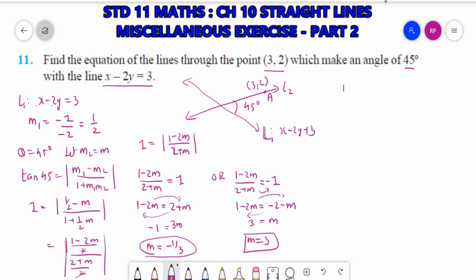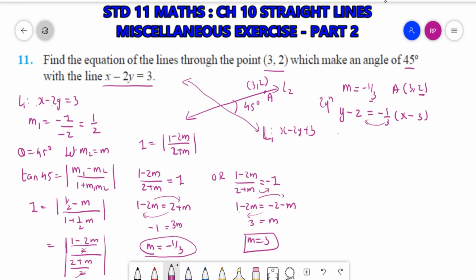So first, m equal to minus 1 by 3 and point (3, 2). Equation: y minus y1, that is y minus 2, equals m, minus 1 by 3, into x minus x1, that is x minus 3.